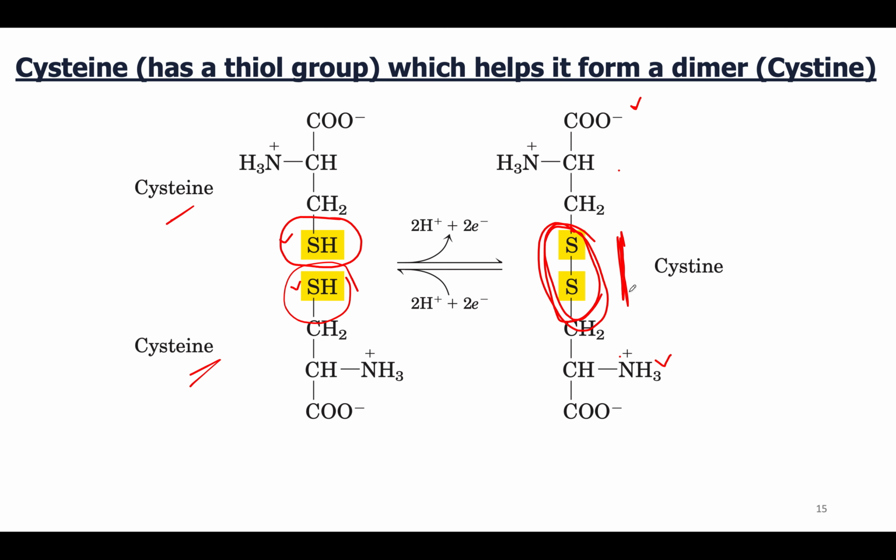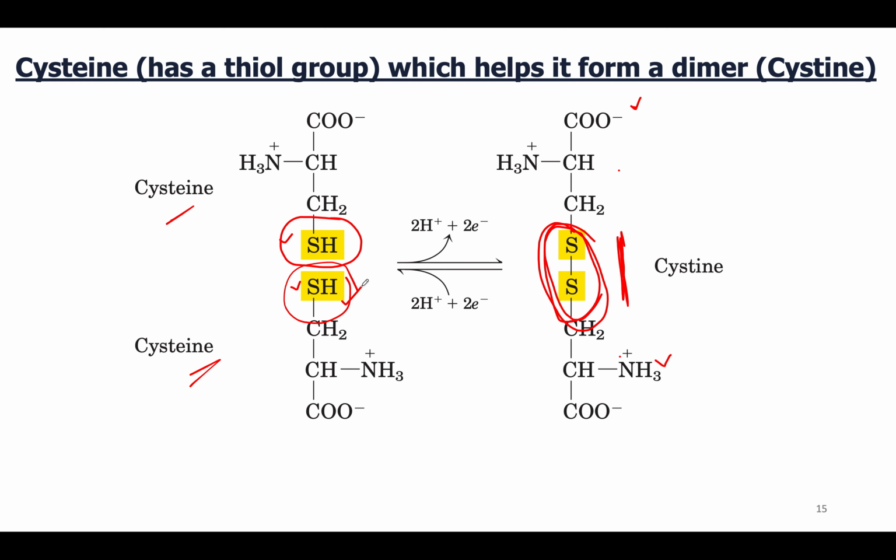Will cysteine always be present in nature as a cystine? The answer is yes. And we will talk about this when we talk about protein structure, but I want to introduce you to the concept. So you have a protein in which you have one cysteine, and cysteine has a thiol group which is highly reactive.